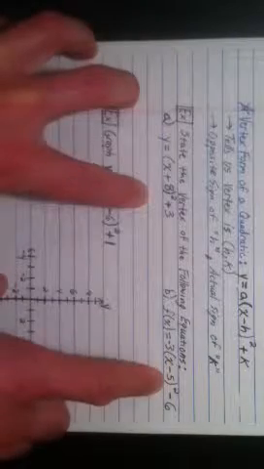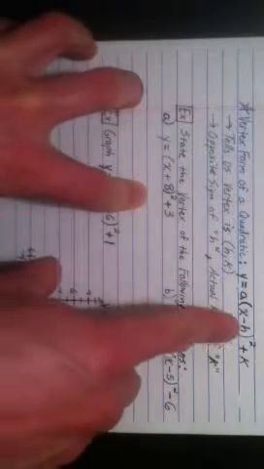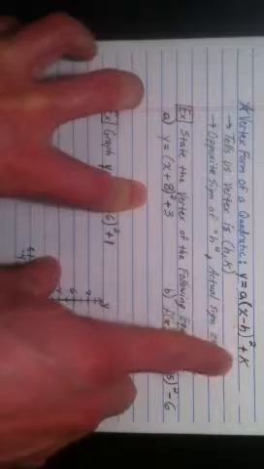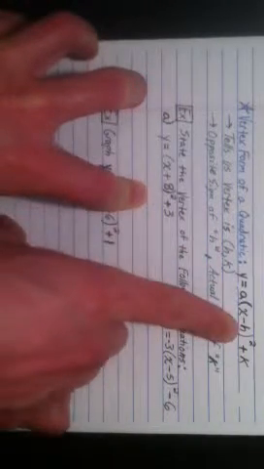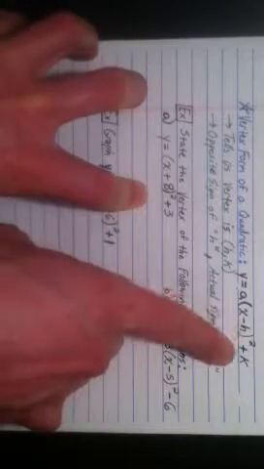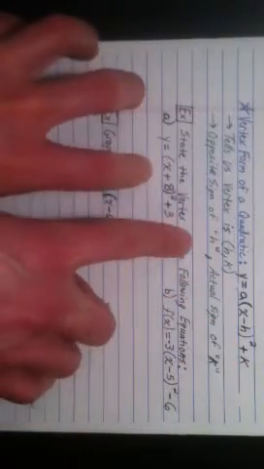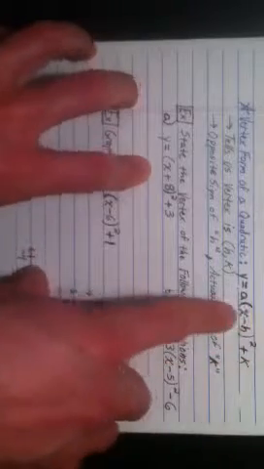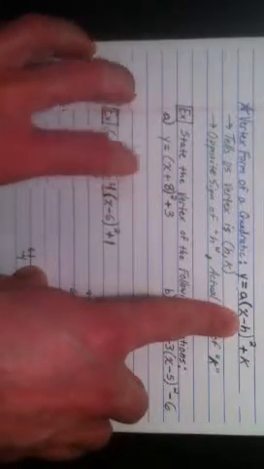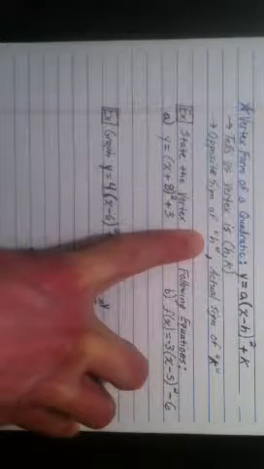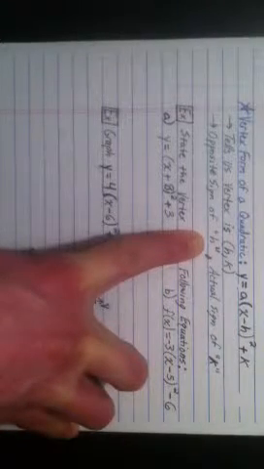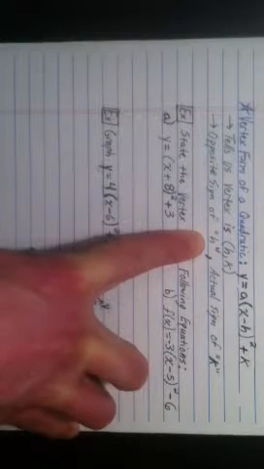The reason we call this vertex form is because this h value inside the parentheses with x and this k value out on the outside actually tell us the coordinates of the vertex, our x and our y value. So when you see it, it's almost as if it's just h and k. You kind of have to think of it as opposite though for the h. Whatever the h value is inside the parentheses with x, we take the opposite sign, and that tells us whatever the h coordinate, the x coordinate is going to be.